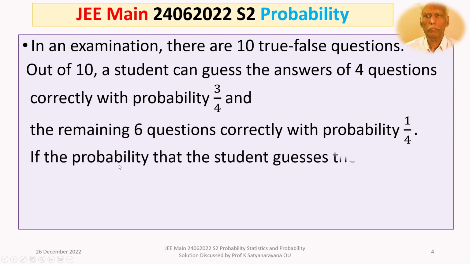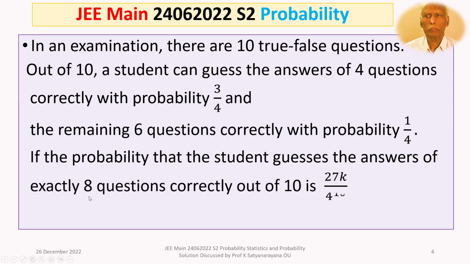If the probability that the student guesses the answers of exactly 8 questions correctly out of 10 questions is 27k/4^10, then k is equal to.